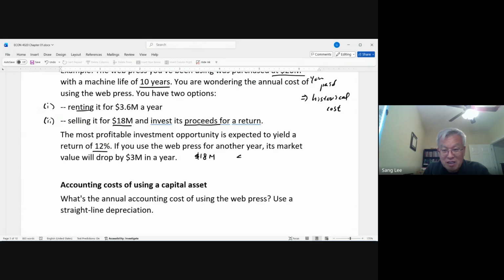Let's say your web press machine right now is 3 years old and it can fetch $18 million. But in the same market, 4-year-old web press machines are typically selling for $15 million. So if you sell it this year, you can get $18 million, but next year, $15 million. That means the market value of your web press machine will drop by $3 million a year.